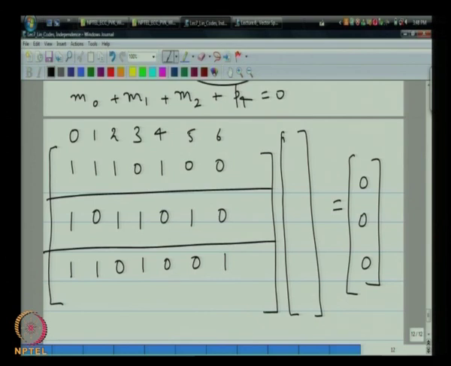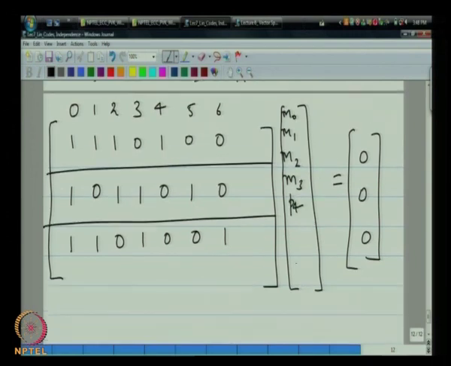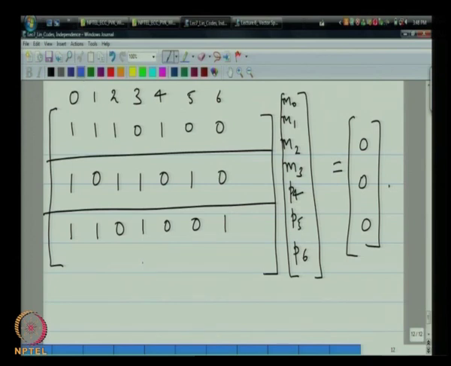So, I have M0, M1, M2, M3, P4, P5 and P6. Let us call this matrix H. Now, this thing here is our code word and this is the 0 vector.